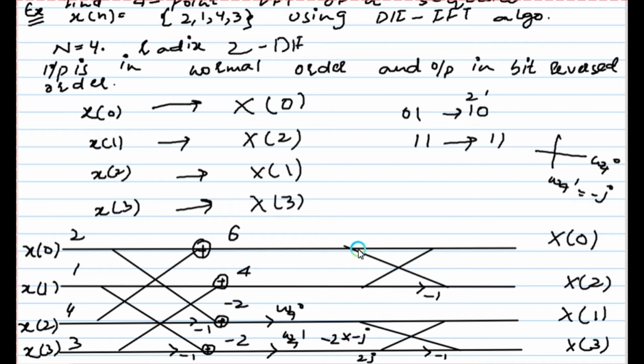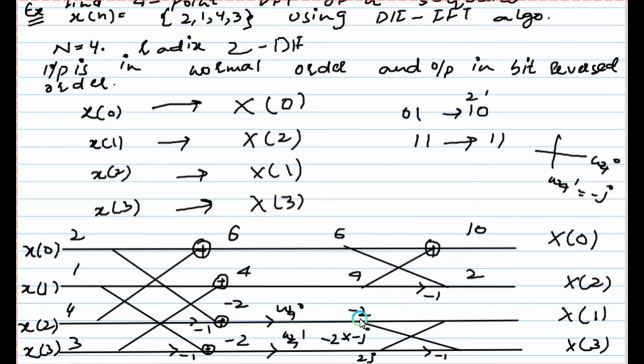So 6 here as input, 4 here as input, then minus 2 here, and here we have 2J. This is a summation here. A simple summation between 4 and 6 gives 10. Then we have 6 minus 4, so we get 2.